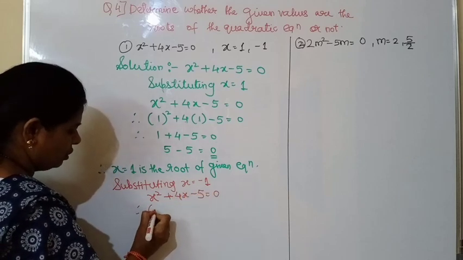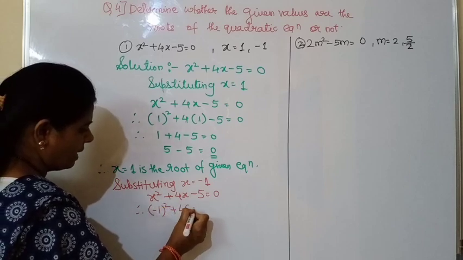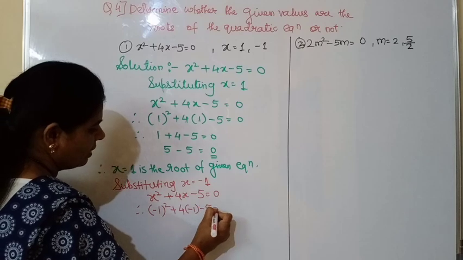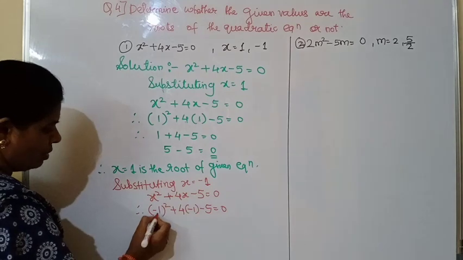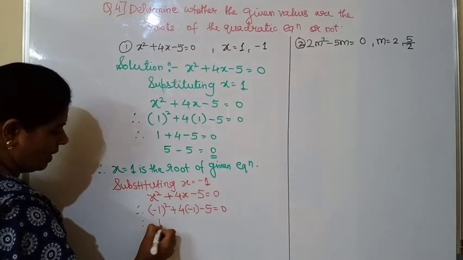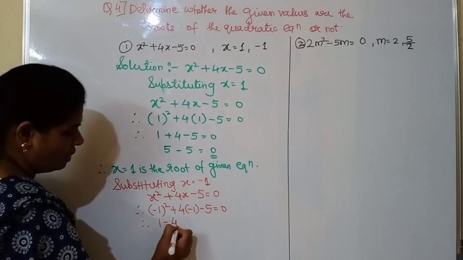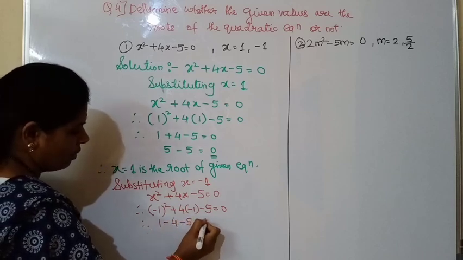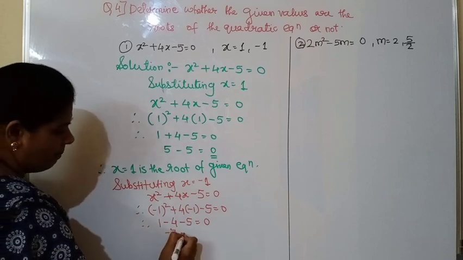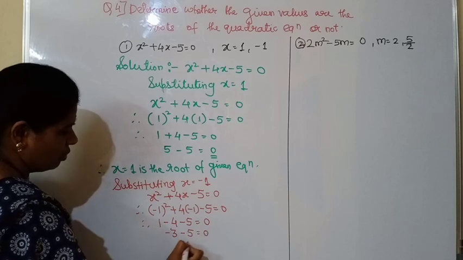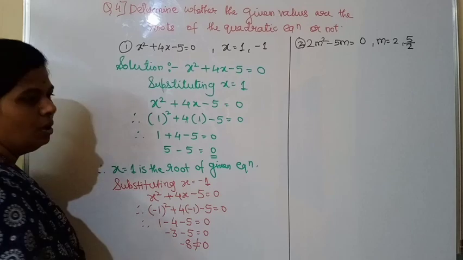We substitute: minus 1 square plus 4 into minus 1 minus 5 equal to 0. Instead of x we have written minus 1. Minus 1 square is 1, 4 ones are 4 but with the minus it will be minus 4, minus 5. Now 1 minus 4 is minus 3, minus 5 gives you minus 8, which is not equal to 0.